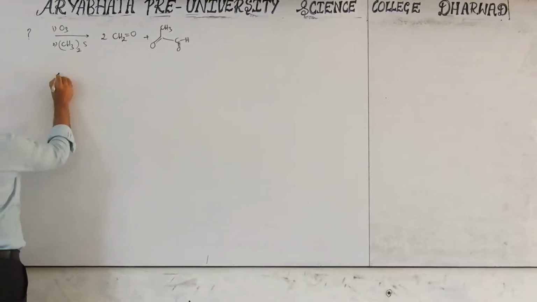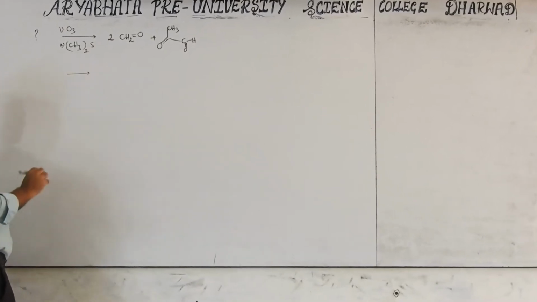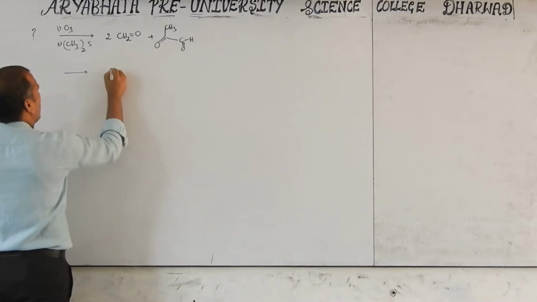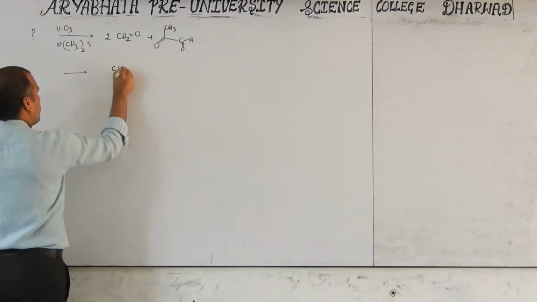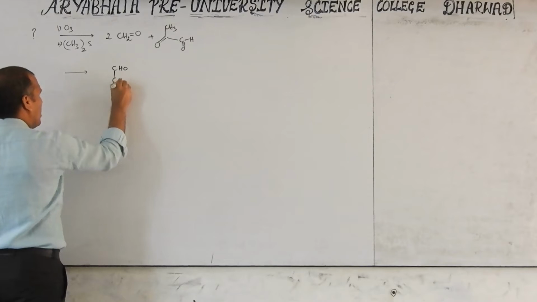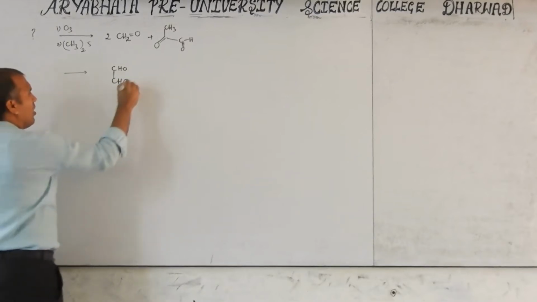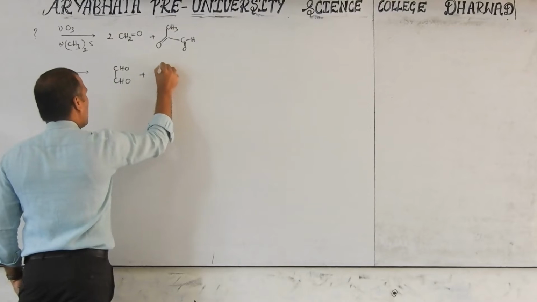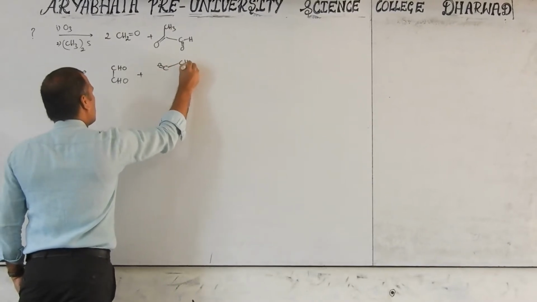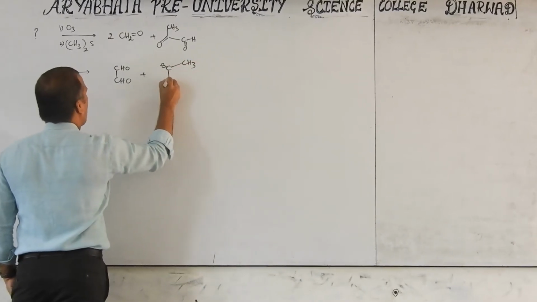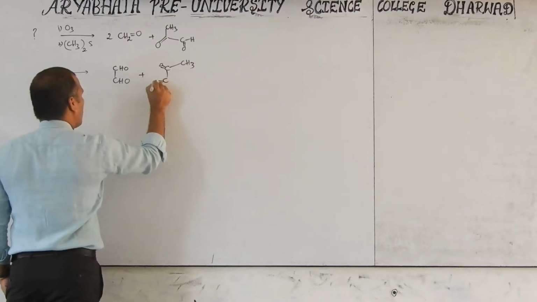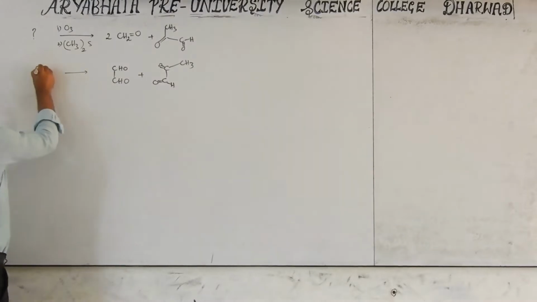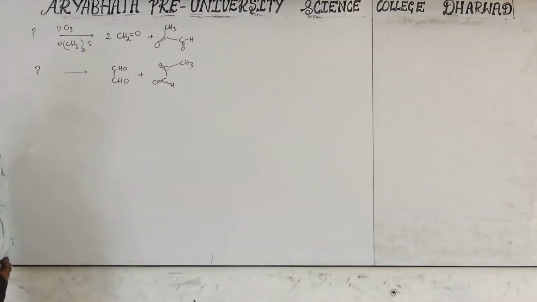Next, CHO plus C double bond O, CH3, C double bond O H. Then here also, what might be the reactant?